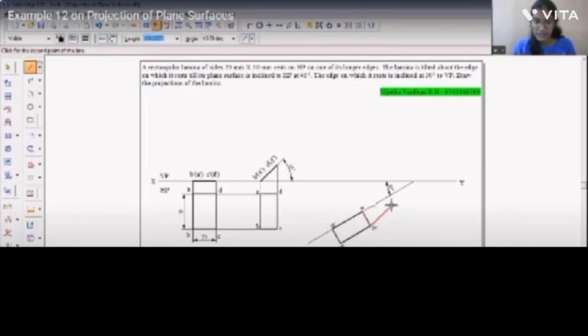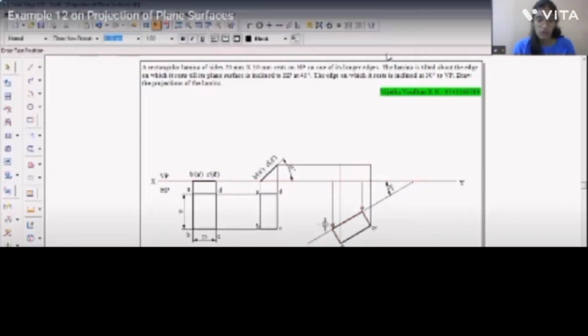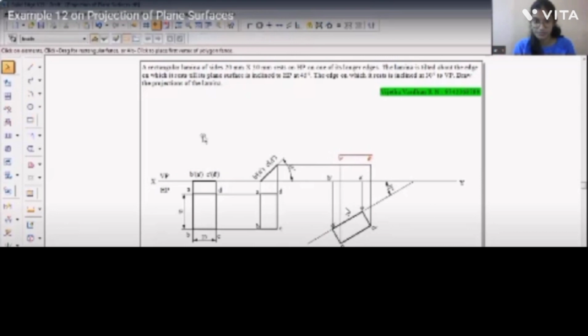Now we'll just project the lines as we did for surface inclination. I'm projecting from D to D dash, from C to C dash, A to A dash, and B to B dash. Now I'll name them, and this is A dash, B dash, C dash, and D dash.